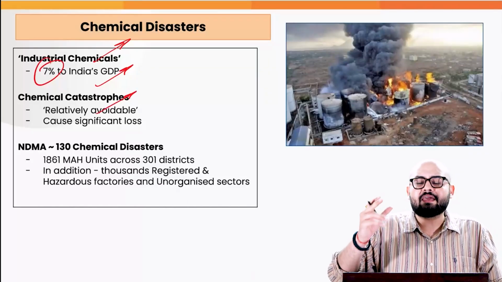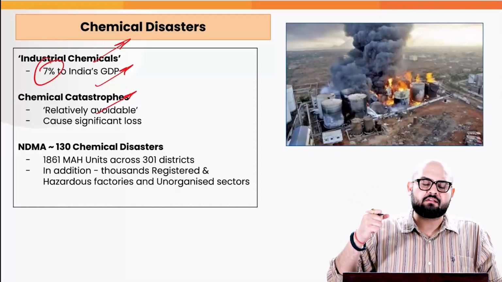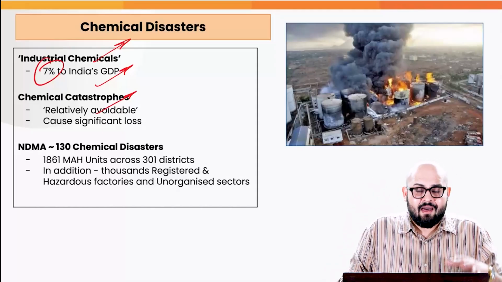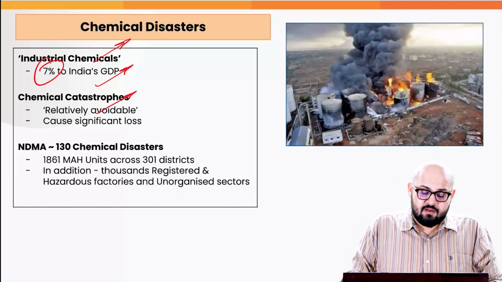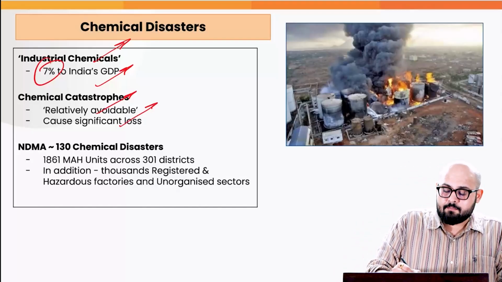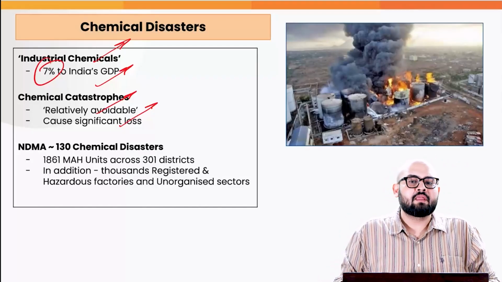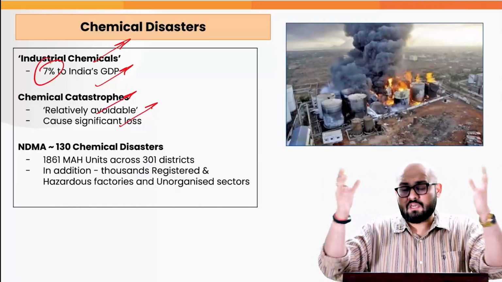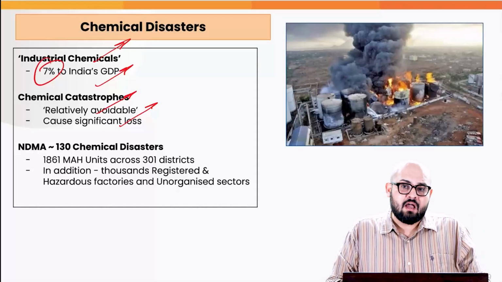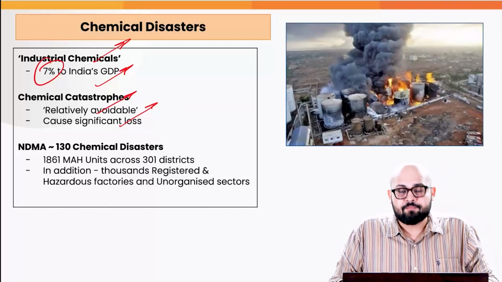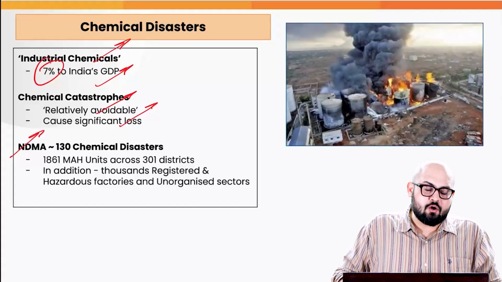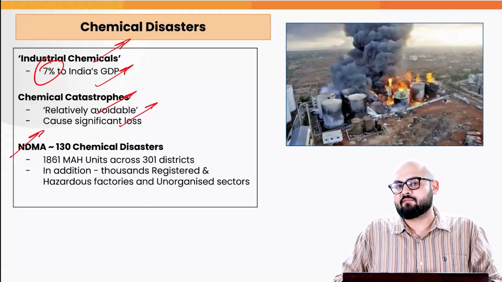But because of various failures, for example, technical failures or human errors, these disasters happen. And they ultimately are responsible for significant loss, be it in terms of the human loss, the loss to the environment, or the loss to the overall property, right? So this is a very important and serious concern. Now we have the National Disaster Management Authority, which comes under the overall jurisdiction of the Union Ministry of Home Affairs.